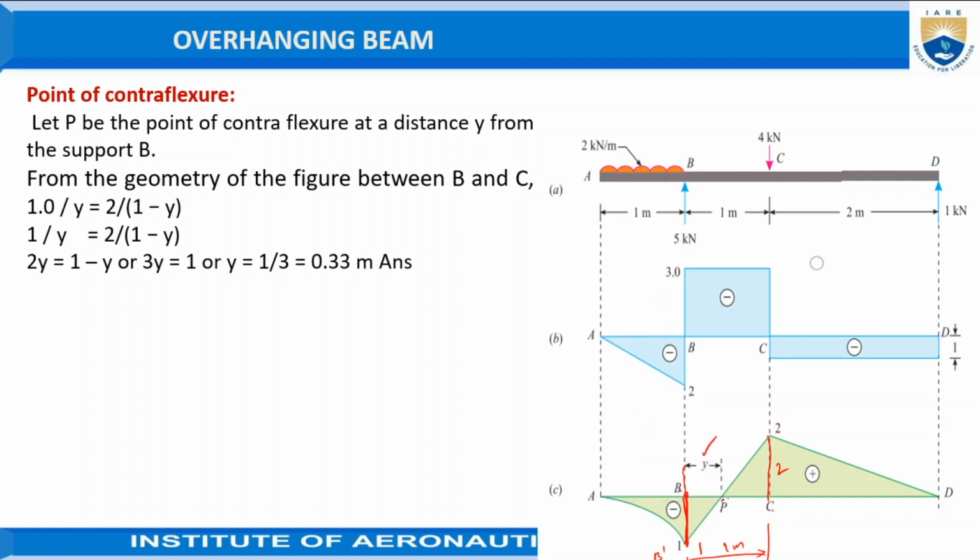Similar triangles means the ratio of corresponding side lengths should be equal. Hence, 1 by y is equal to 2 by 1 minus y. From this relationship we get y equal to 1 by 3, or 0.33 meters. This is the position of the contraflexure from the support B, as shown in the figure.